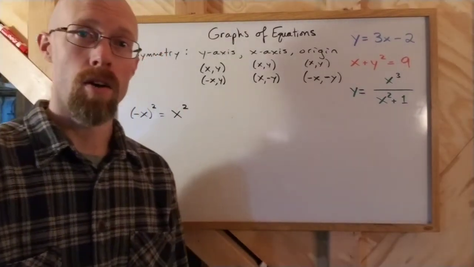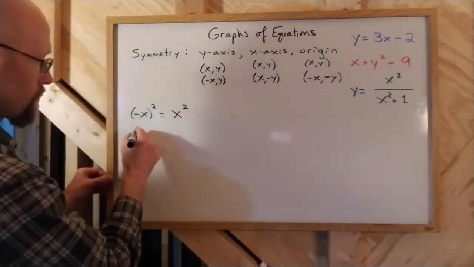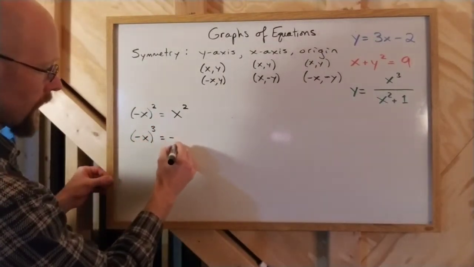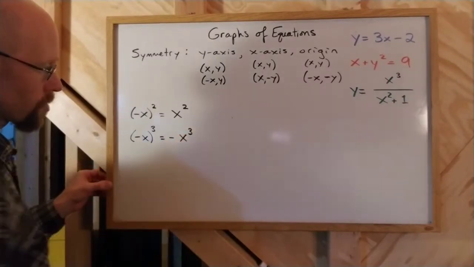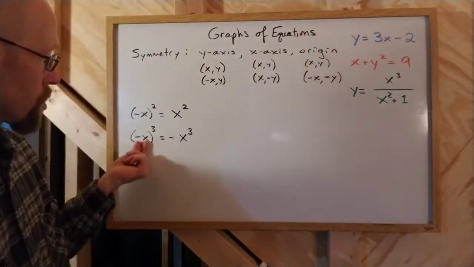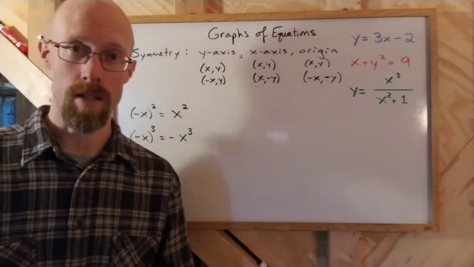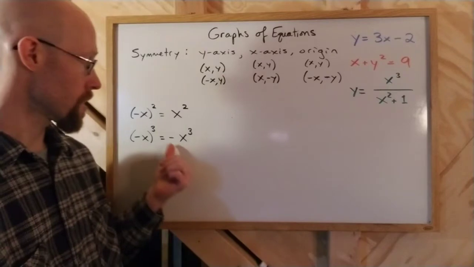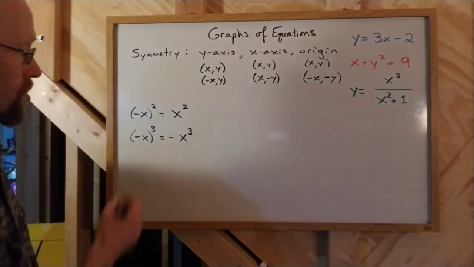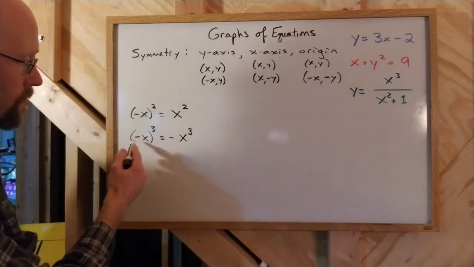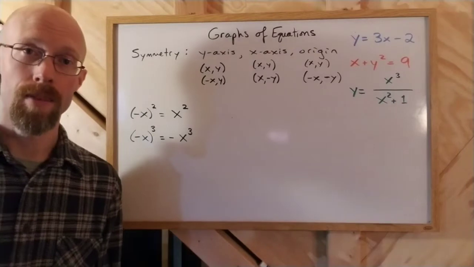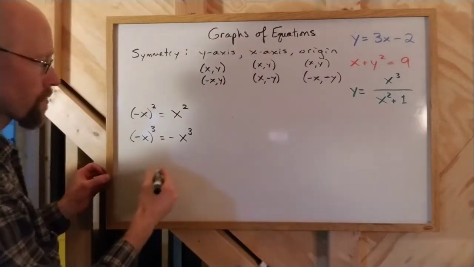Okay, now cubing is different. If you were to cube a negative, it's going to be the opposite of the cube. So if you were to take negative 2 and cube it, you get negative 8. 8 is 2 cubed, so you get the negative of the 8. So with cubes, the negative stays, but with squares, the negative goes away. In fact, that generalizes even further.